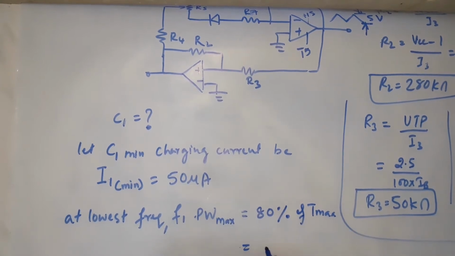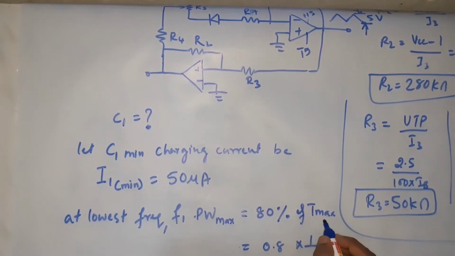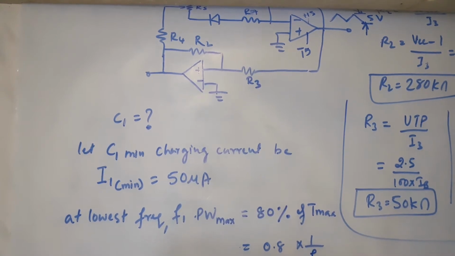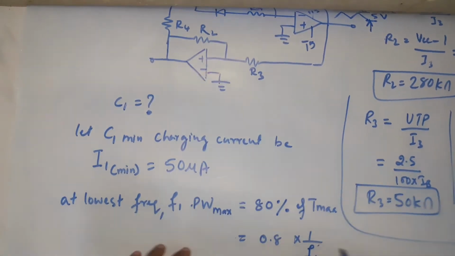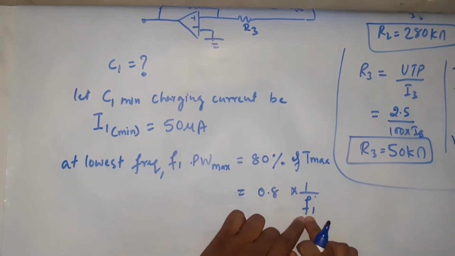So I can write 0.8 into what is T? We don't know T, but we know frequency, right? T max means F minimum. For maximum time, minimum frequency. So I can write 1 over F1. Understood why I have taken F1? Why not F2? F1 because it is minimum frequency.